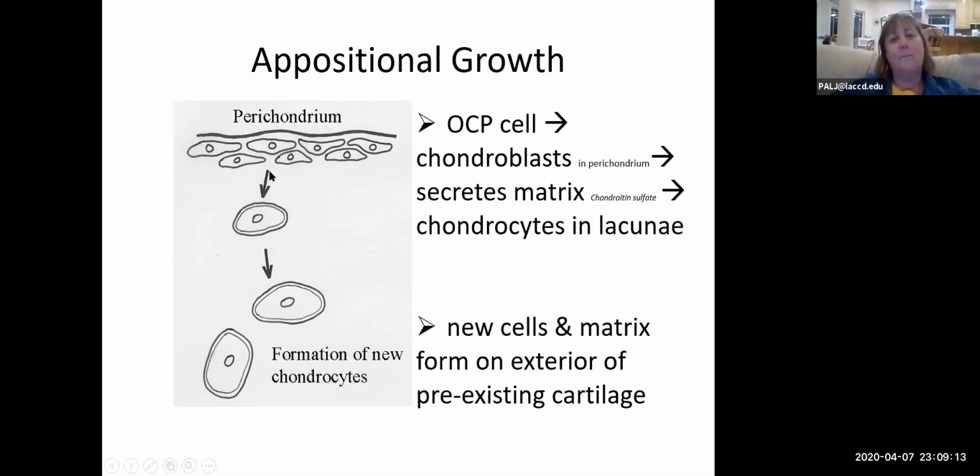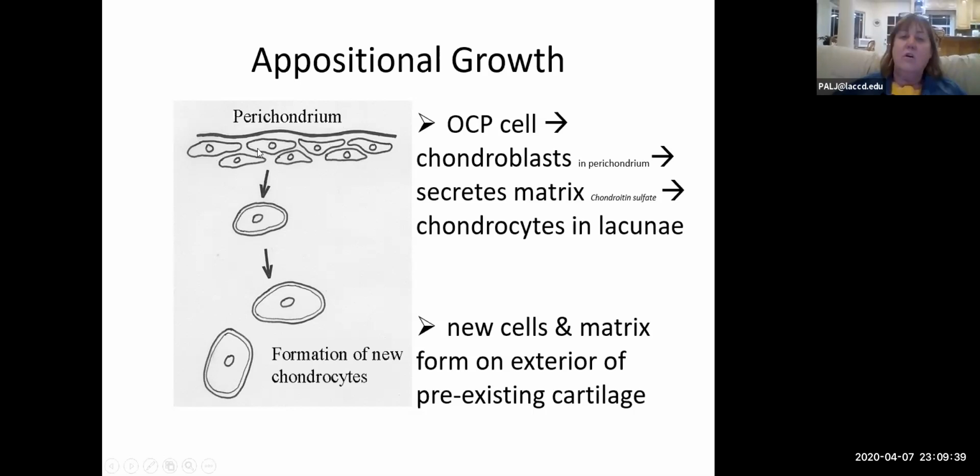And so that kind of pushes the chondroblast away from the perichondrium. And now it's surrounded by all this matrix, and it has its little hot tub that surrounds it, its little lacuna. Okay. Then what happens is it matures and becomes a chondrocyte surrounded with its lacuna.